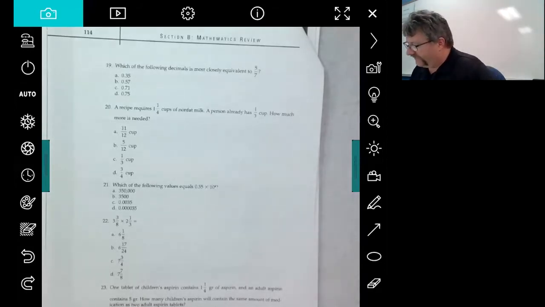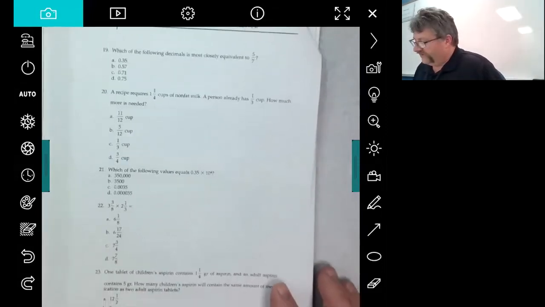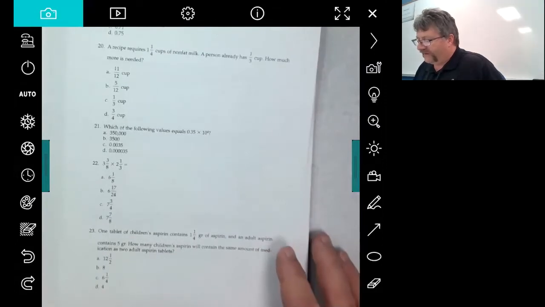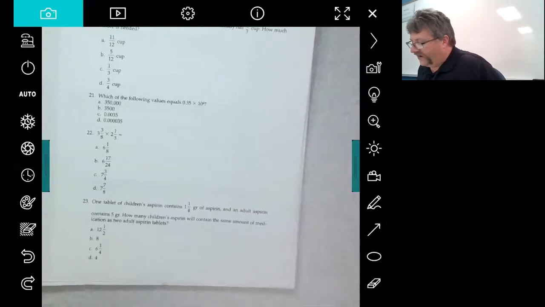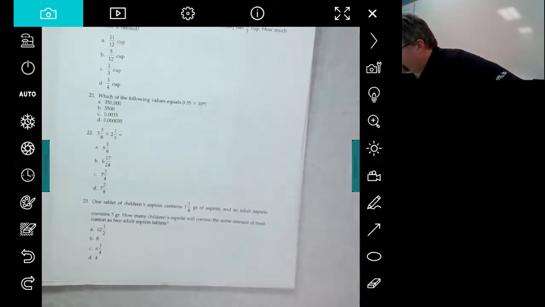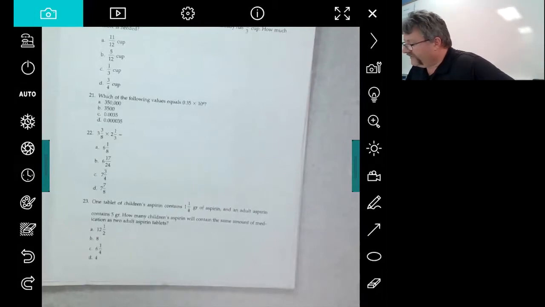21, which of the following values equals 0.35 times 10 to the 4th power? 22, 3 3/8 times 2 1/3. And 23, 1 tablet of children's aspirins contains 1 1/4 grain of aspirin, and an adult aspirin contains 5 grains.